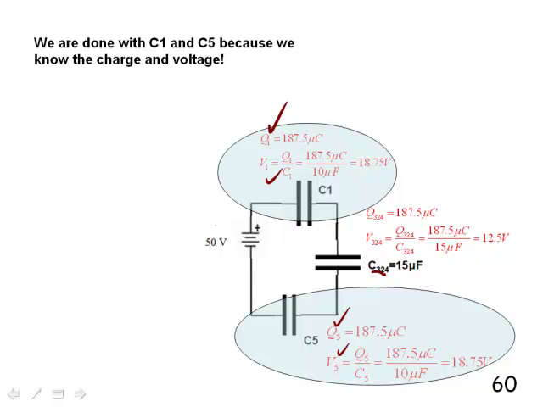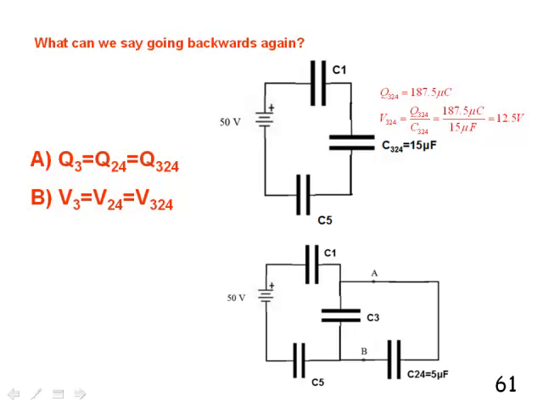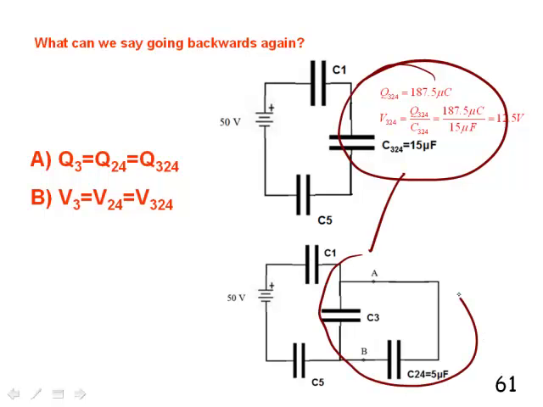So now we have to go backwards from this C324 to this combination. Boy, we've got a lot of steps in here. So we have to go back to that combination. So will you say that the charge on each one of these is the same? Is the charge on C3 equal to the charge on C24? Or is the voltage on C3 equal to the voltage on C24?